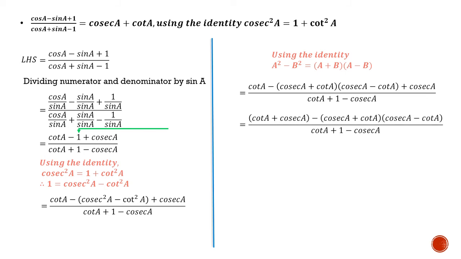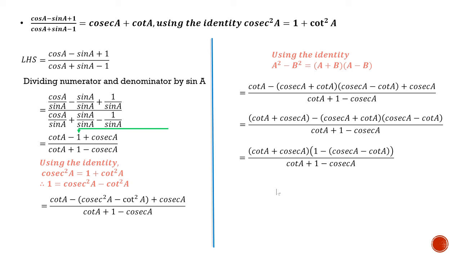If you identify, cot plus cosec is appearing here and cot plus cosec is appearing here also, which we can take out as a common term here. So what is left with the first term is 1 now, and the second term is left with cosec A minus cot A. Once again we are considering these two identities as a single term, that's why I have written them in the bracket, so don't get confused with that.